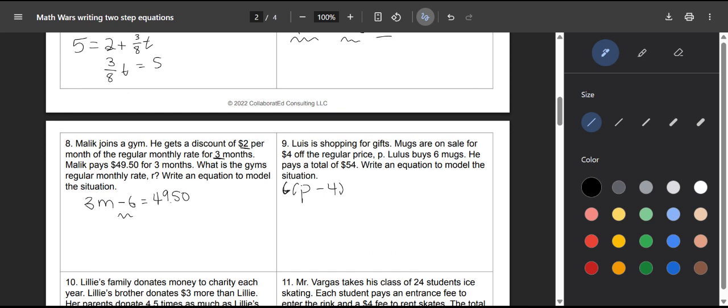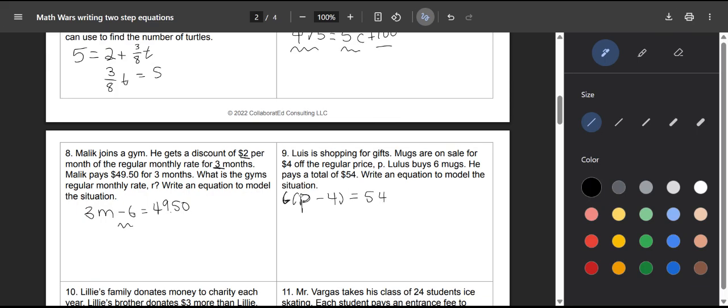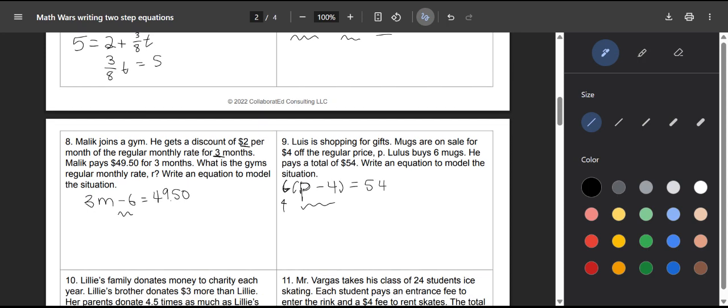It's the price minus $4 times 6. And how much does he spend on all 6 mugs? $54. So 6 times (P minus 4) equals 54. We have a group, that is the price of the mug. We have the number of groups, that is 6, and we have the total price, that is 54.